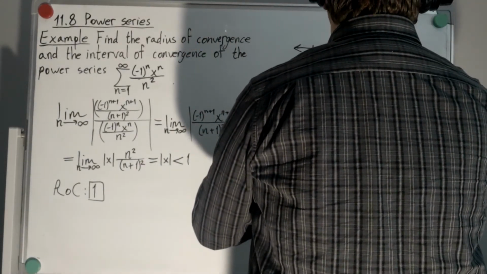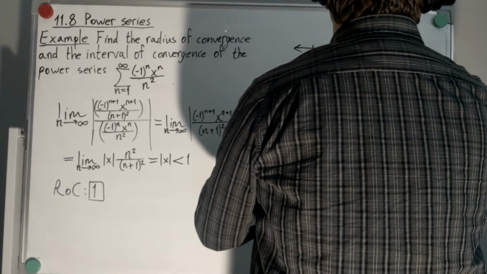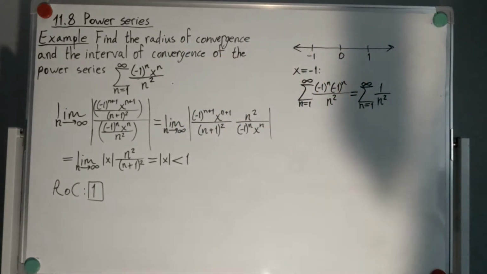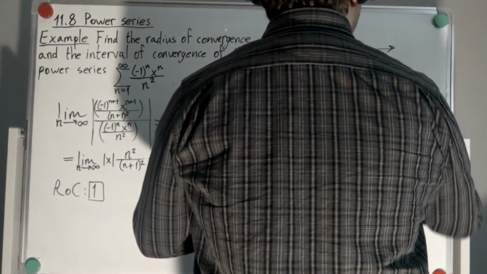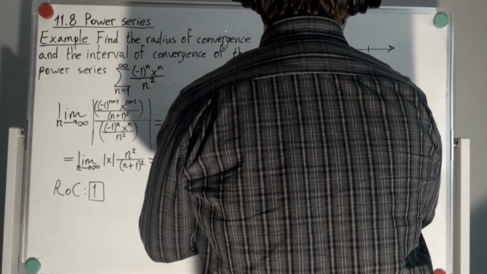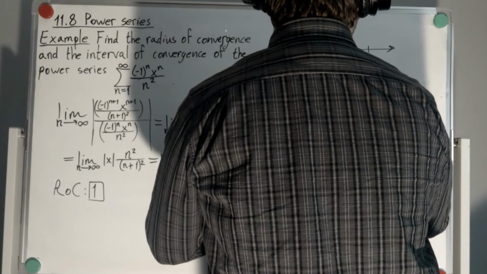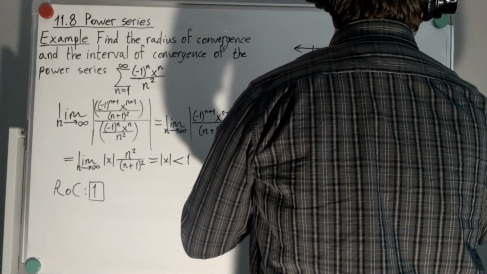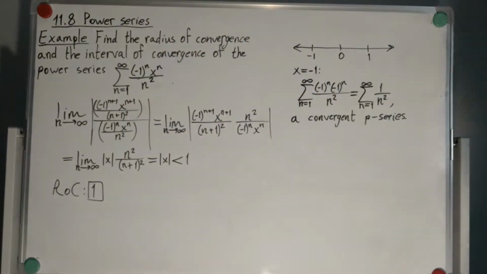So this is the sum from n equals 1 to infinity of 1 over n^2. And that is a convergent p-series, because, of course, 2 is greater than 1.